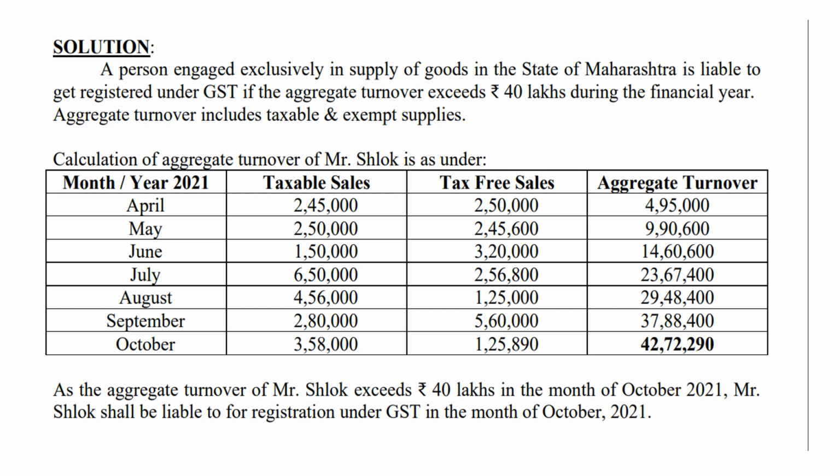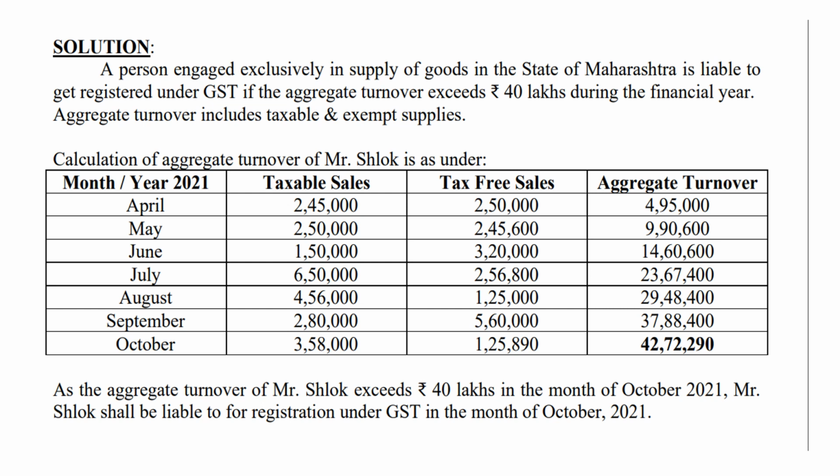Then taxable sales are given, then tax-free sales are given, and then you have to find out the aggregate turnover. So for the month of April, taxable sales plus tax-free sales, you will get your aggregate turnover.